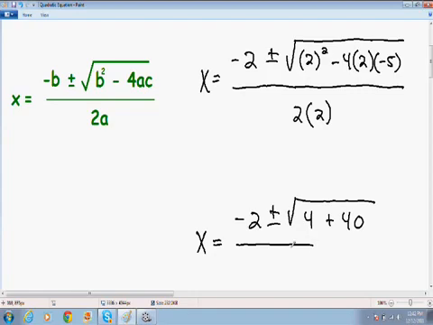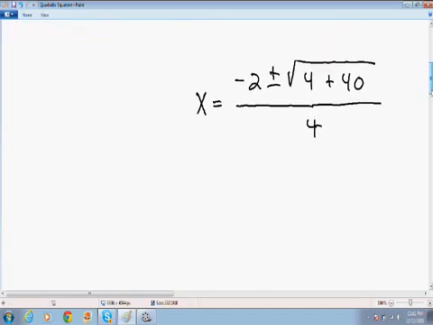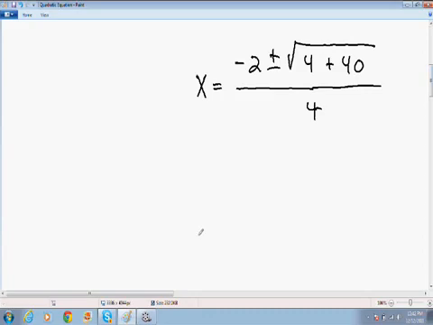And all of this is divided by 2 times 2, which is 4. Now I'm going to simplify the square root even more. The equation becomes x equals -2 plus or minus, and 4 plus 40 is 44, so I'll write it as the square root of 44.